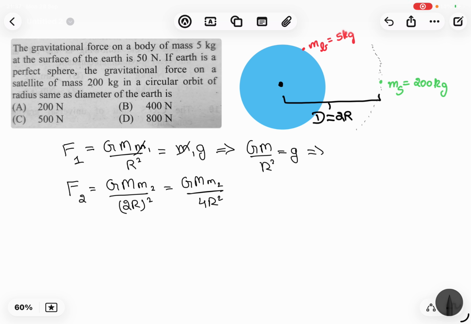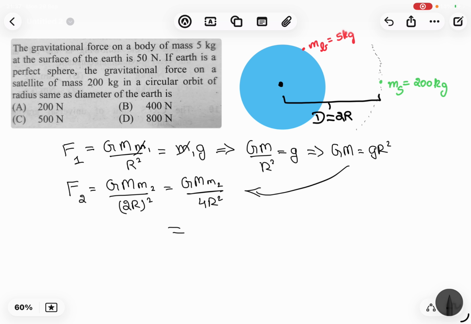This can also be written as G M equals g R squared. So now, what if we substitute the GM value in the F2 equation with g R squared?